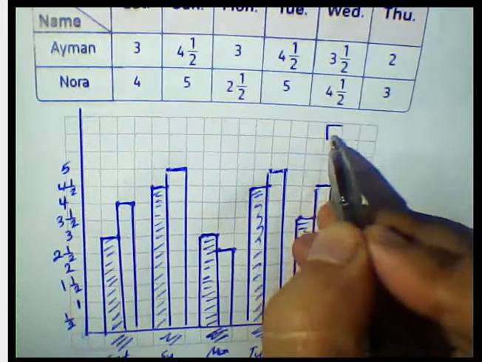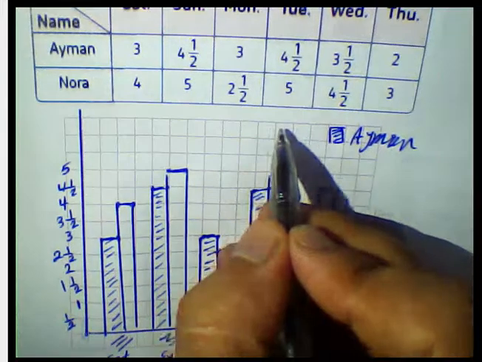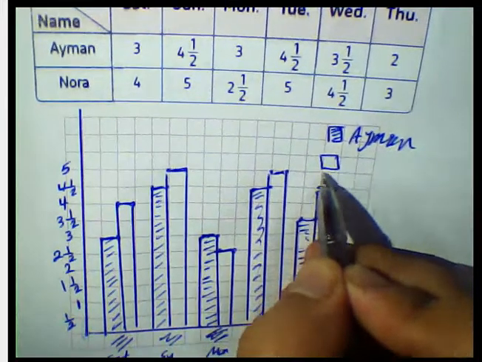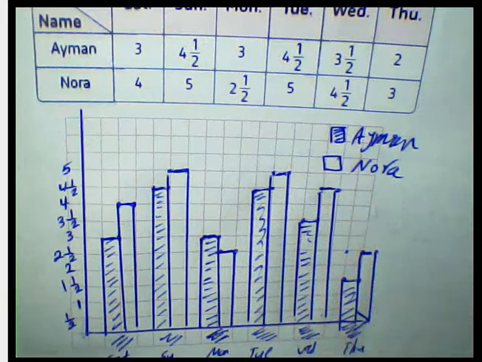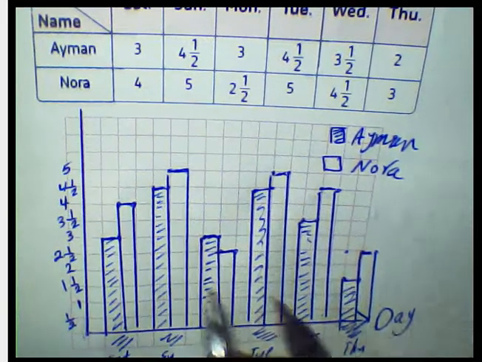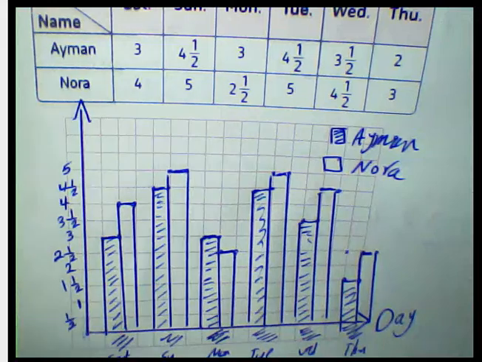We can draw this right behind it, Ayman, and this will be Nora. The vertical axis refers to the number of studying hours.